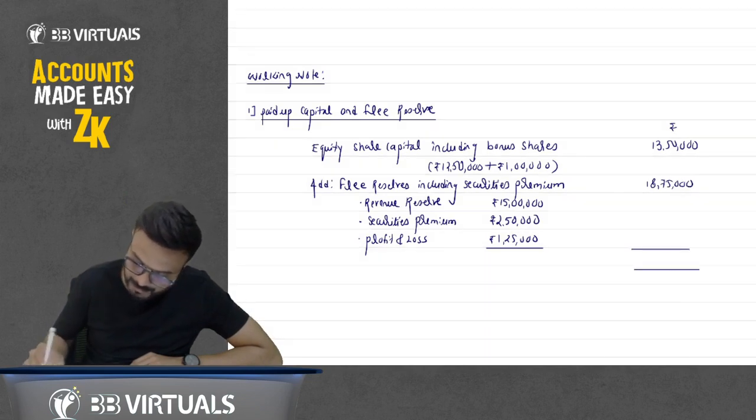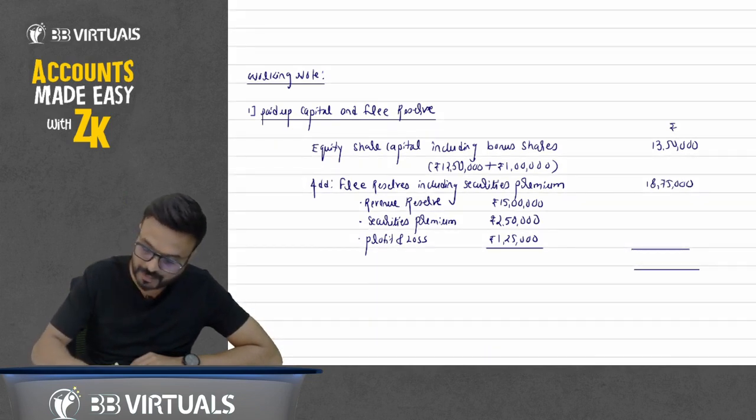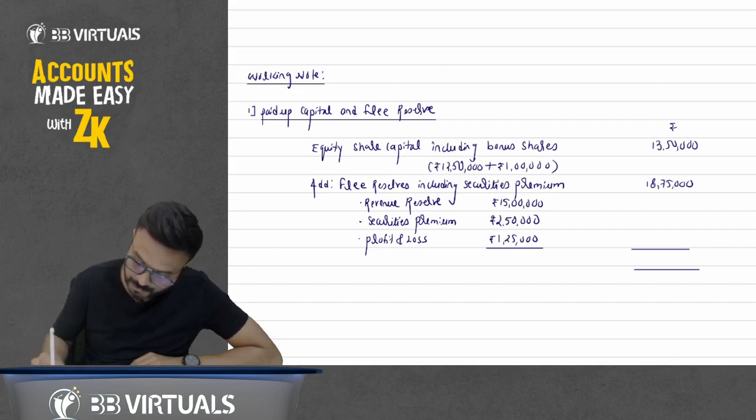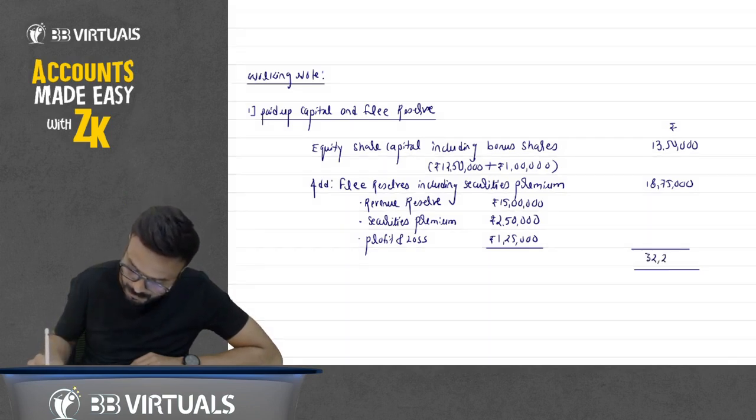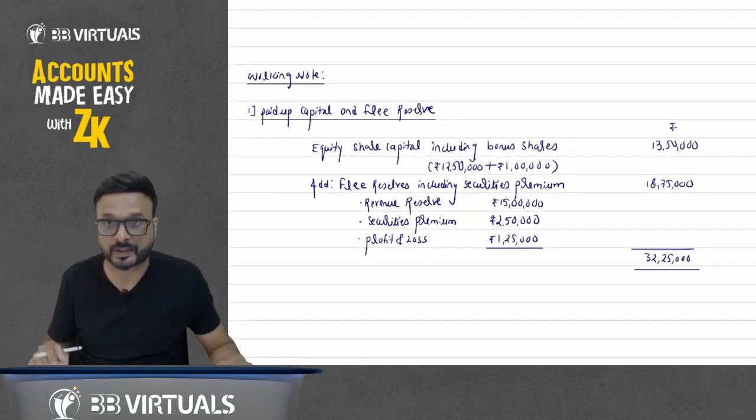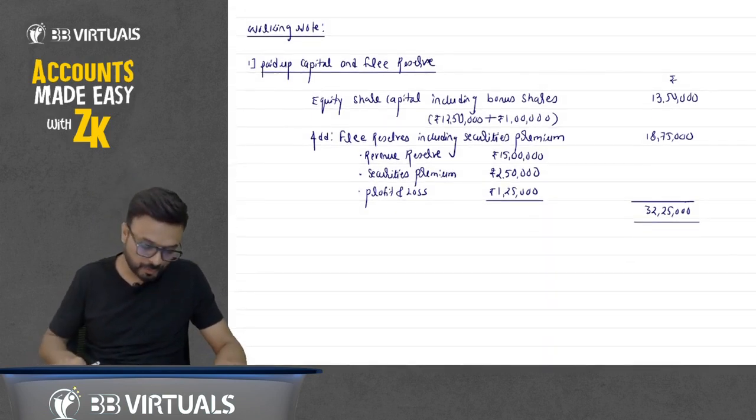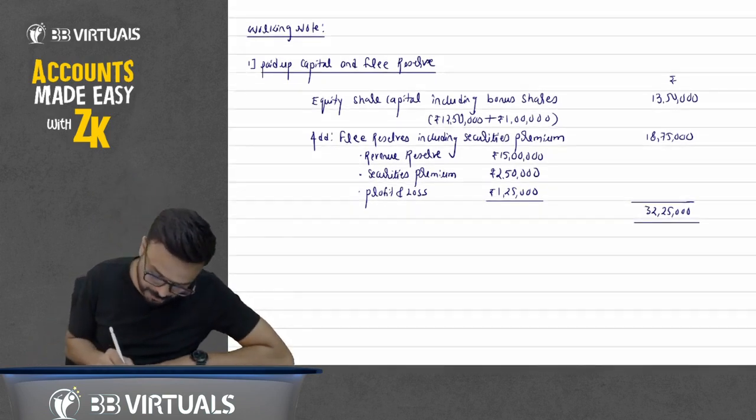So total paid up capital and free reserve, 13,50,000 plus 18,75,000, comes to 32,25,000. Okay. Now we can write down here working note on debt also.